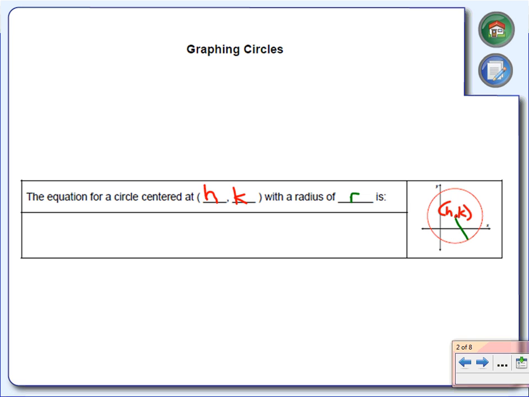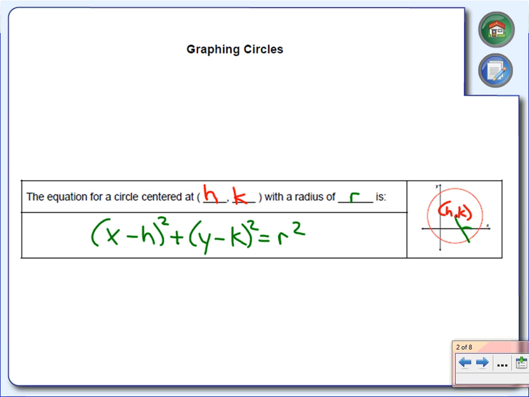Of course, when I say radius, we're talking the distance from the center of our circle to the circle itself. That equation would be (x - h)² + (y - k)² = r².